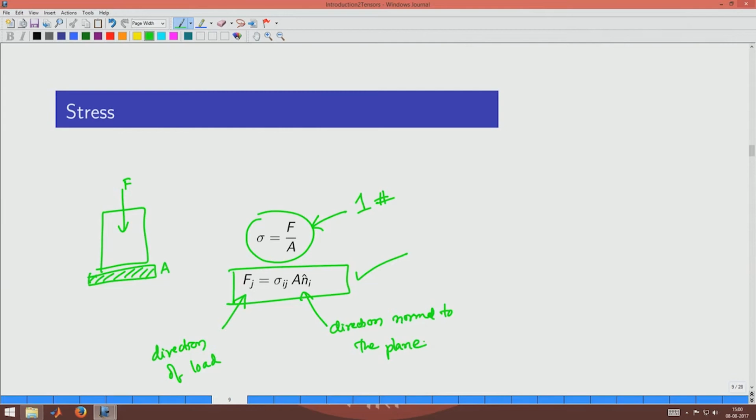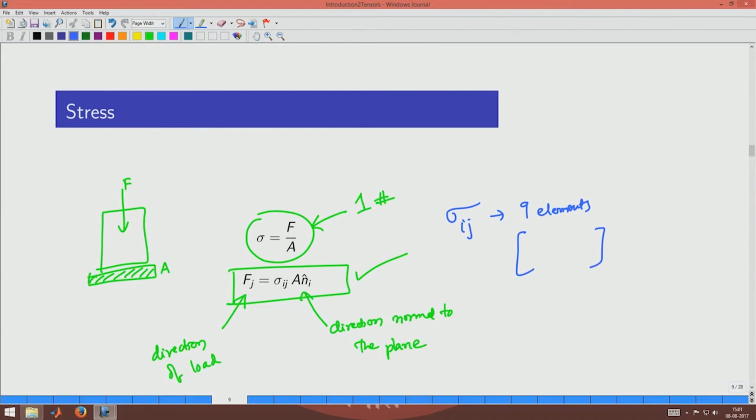We have three combinations of both these directions that are possible. So, there are totally 9 elements that you can have in a stress. Technically, we say that stress should have 9 elements and it is a matrix of 9 elements, and it is a tensor of order 2, because there are two directions we are talking about.